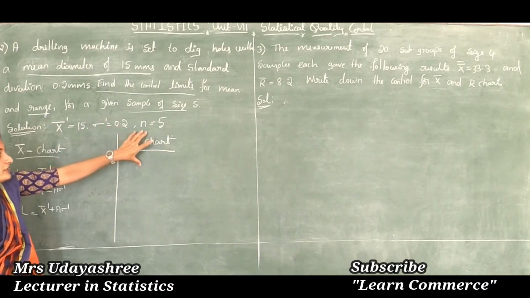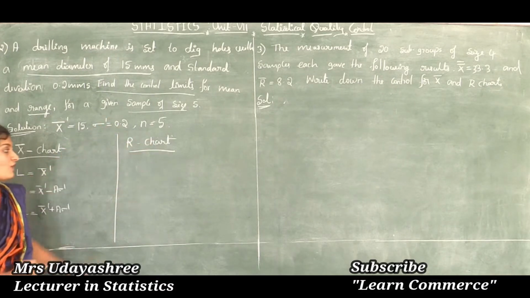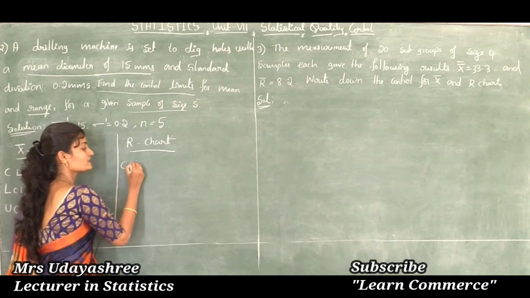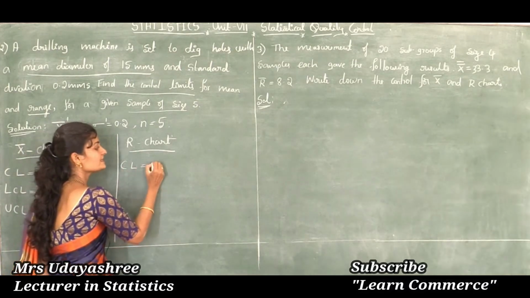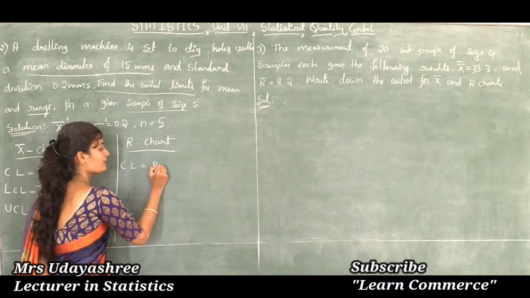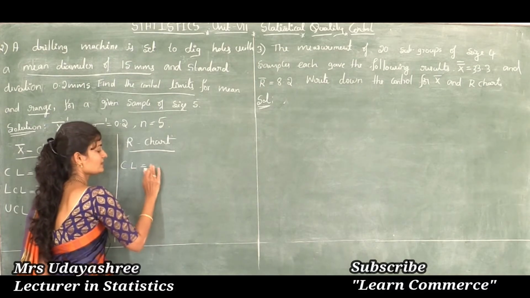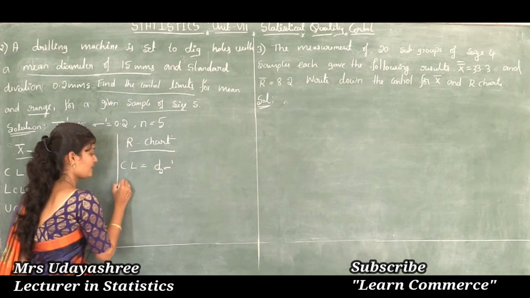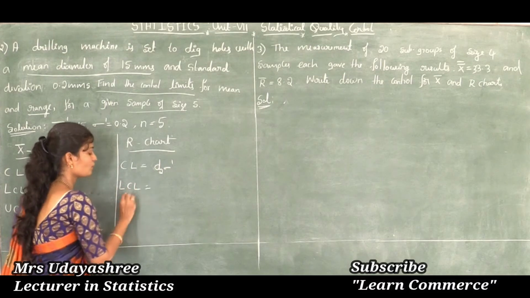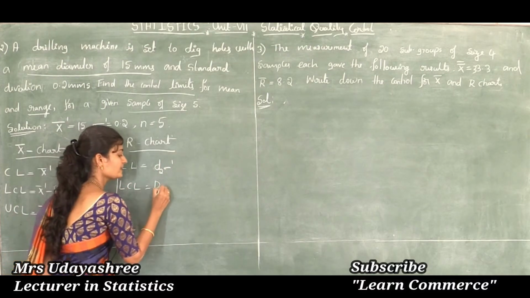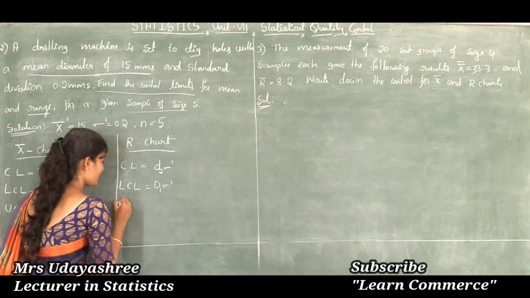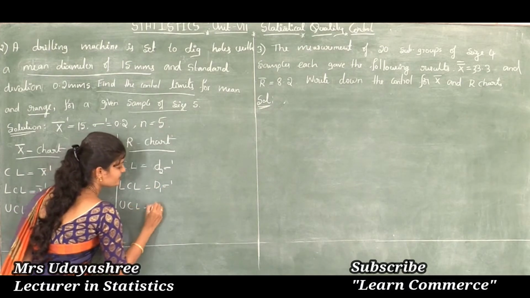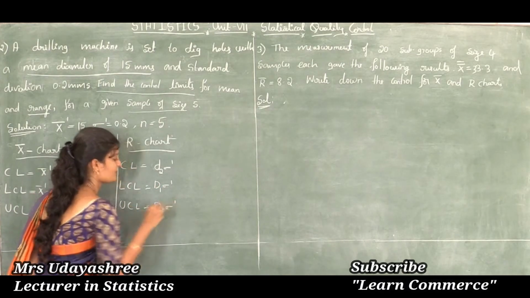In the standard known case, R chart formulas are like this. For central limit the formula is R bar, that is d2 sigma dash. Then lower control limit formula is D1 sigma dash, and upper control limit formula is D2 sigma dash.